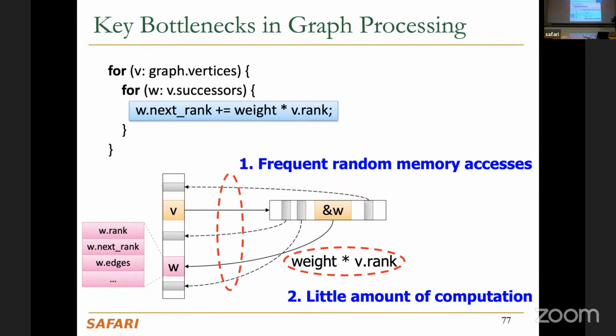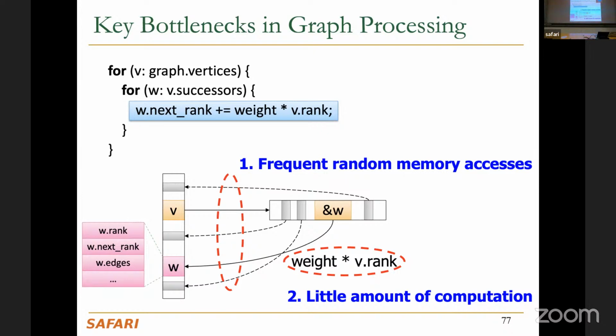And if you store this data in the cache, you may be able to reuse it later. But look at the algorithm itself. It's iterative, right? And in each iteration, it goes over all vertices, over all nodes, and it goes over all neighbors, right? So if the graph is huge, let's say gigabytes or even terabytes, then it won't fit in the cache.